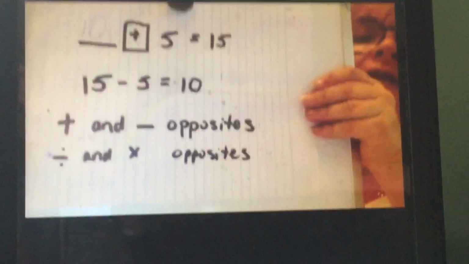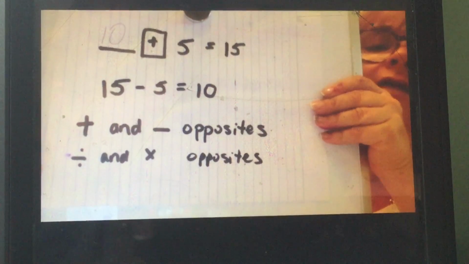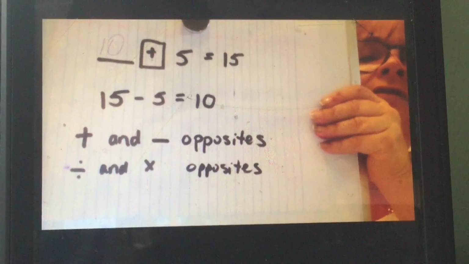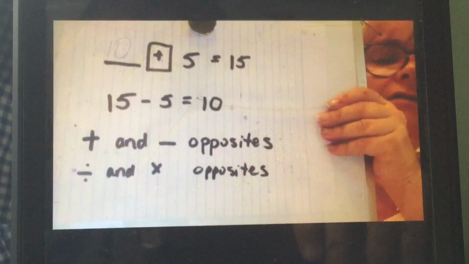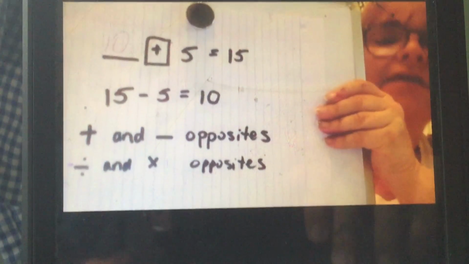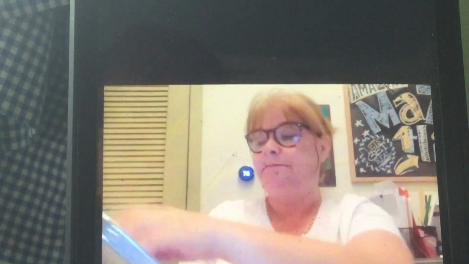Do you guys understand how I solved that? Anybody? Austin, did you understand how I solved that? Jack? Where'd Jack go? Okay. I think everybody has indicated that they understand, except for the people that I can't see.